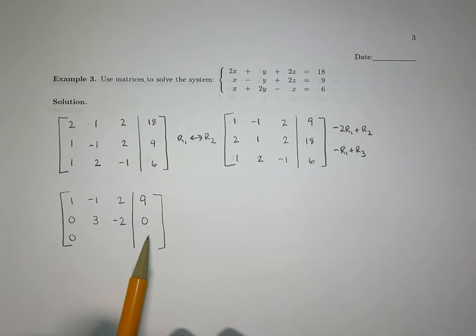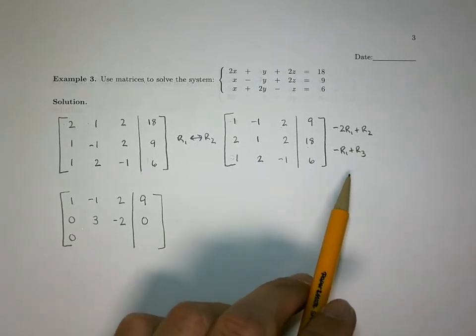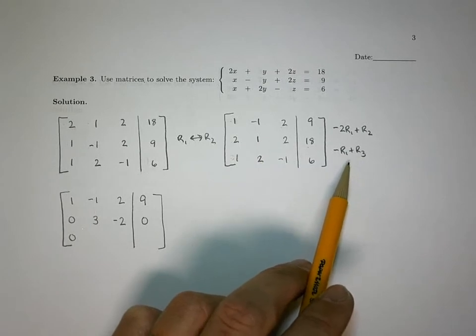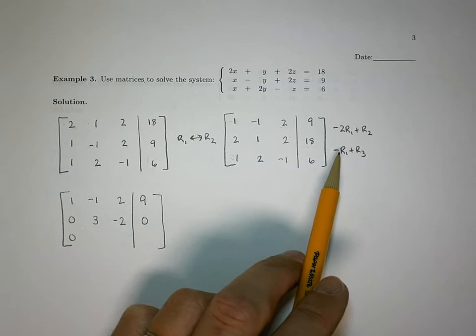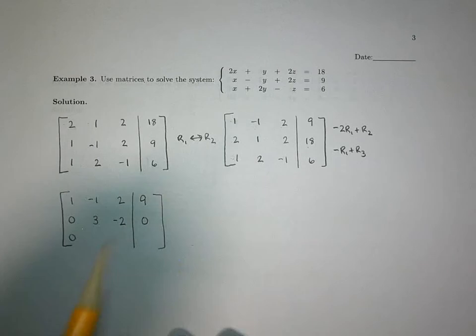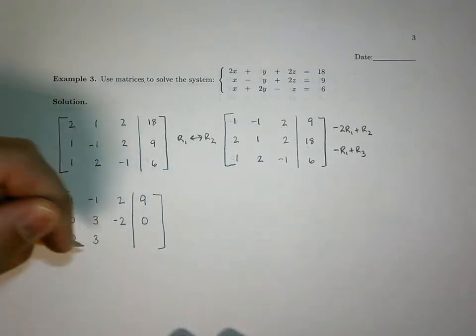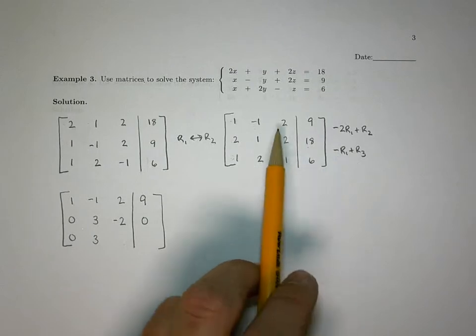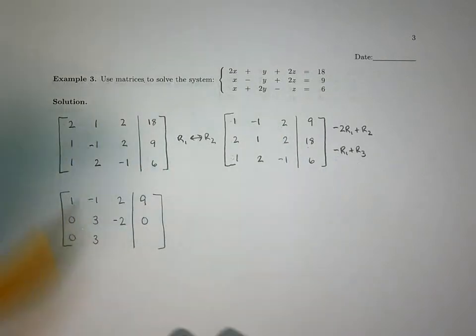Next, to create the new third row, I'm doing negative row 1 plus row 3. Let's see what that means for y, z, and the right side. In the y column, negative 1 is 1, plus 2 is 3. In the z column, negative 2 minus 1 is negative 3.